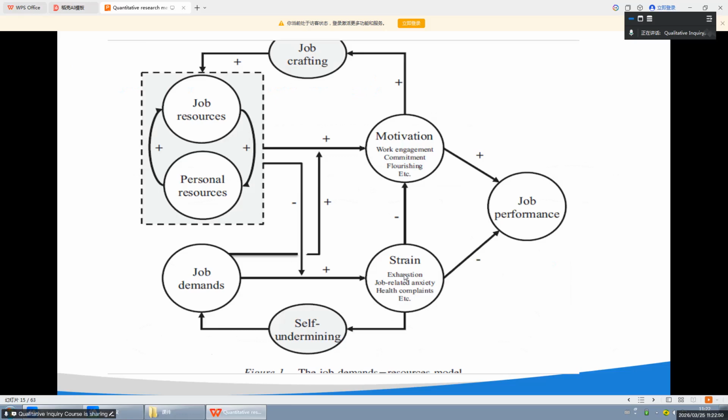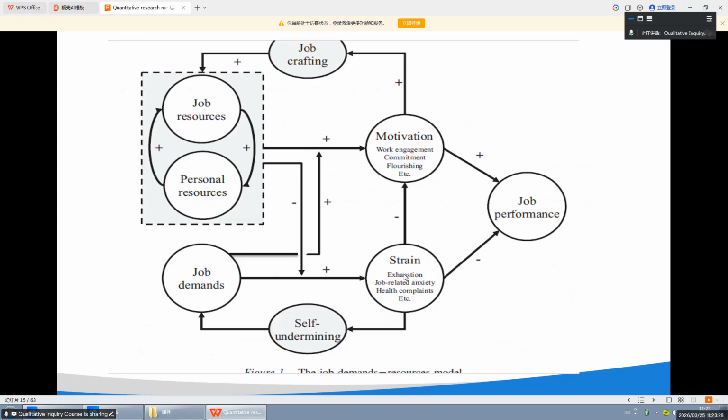But some resources are personal resources. What is a personal resource? Self-efficacy. This is my personal belief: I'm confident I can do it. For another example, hope.